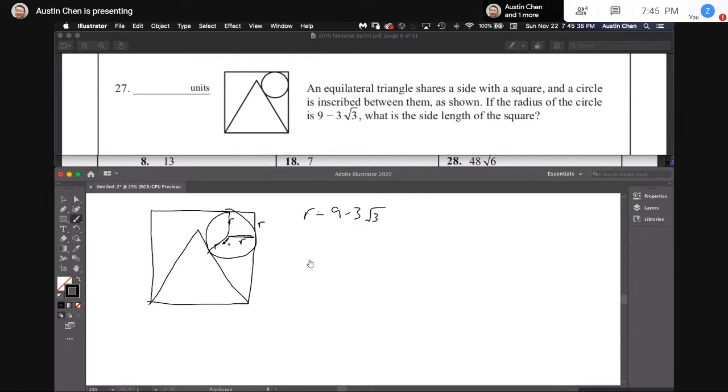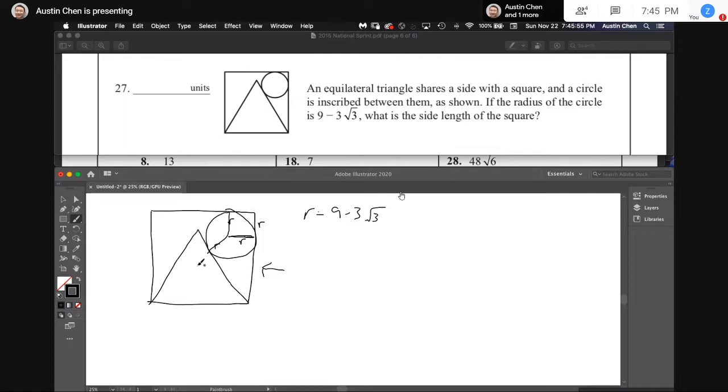So that means let's think of the ways that we could try to find the side length of the square. We could try to find this length. That would work because we have the radius already here, so then we get the side length of the square.